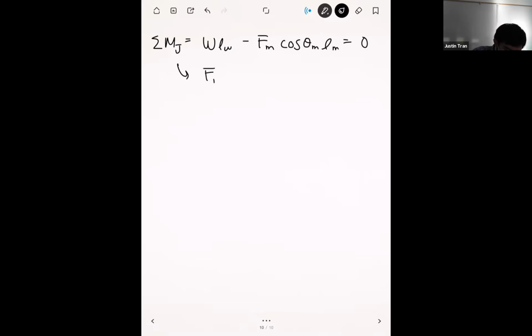We can solve this simply for FM: FM is equal to W LW divided by LM cosine theta M. Solving, we get FM equal to 577.35 newtons.